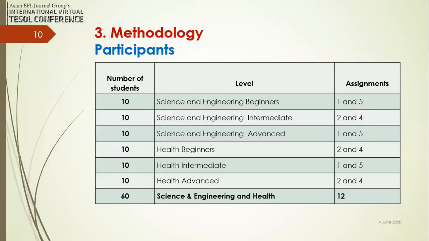If you see here, the participants, our subjects, are 60 students from different levels and branches. We have beginners, intermediate, and advanced, from the science track, the engineering track, and the health track. We try to vary the levels, and we also try to vary the tracks.